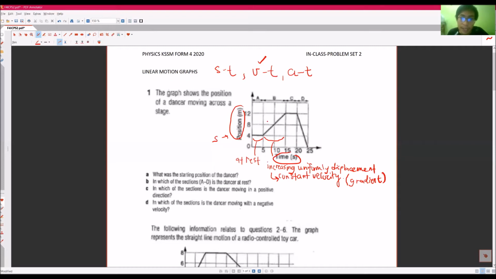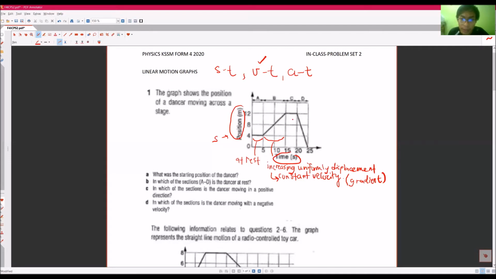If we see here, the line is a straight line, so it's a linear graph, and it rises in a positive direction. So it has a positive gradient, and the gradient is constant everywhere along this line. That means it has a constant positive velocity.